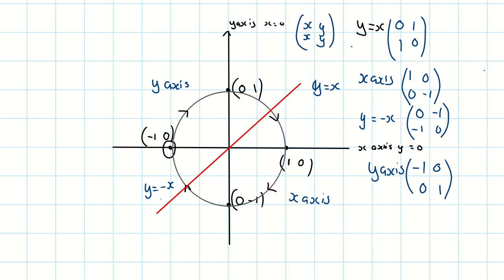So again, let's repeat with a very quick summary. On the upward part of your y-axis we have 0, 1. On the right-hand side of your x-axis is 1, 0. Below your y-axis is 0, -1. And on the left-hand side of your x-axis is -1, 0. You are going in a clockwise direction.